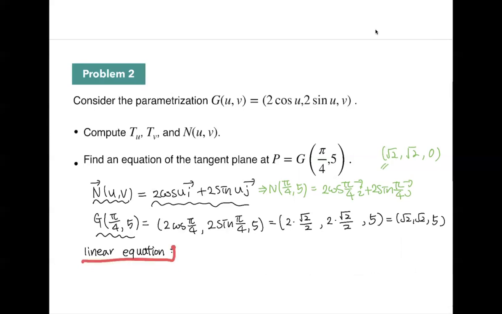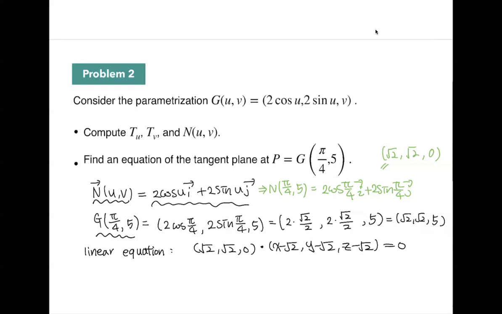So we want to find the linear equation of the tangent plane at one point here. Since we know the point is root 2, root 2, 5, we have x minus root 2, y minus root 2, and z minus 5, and the normal vector is root 2, root 2, 0.